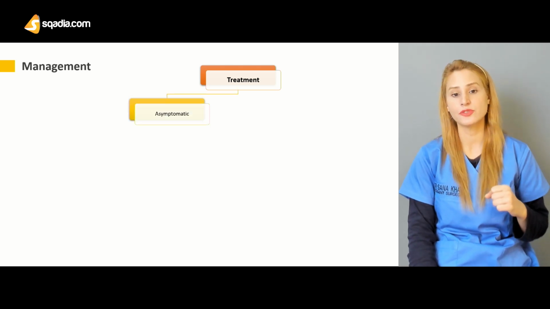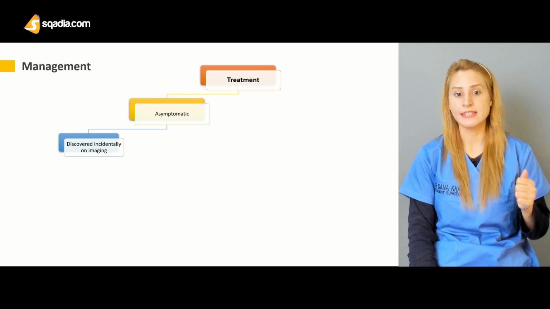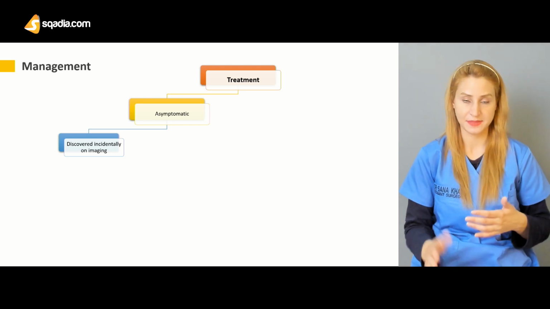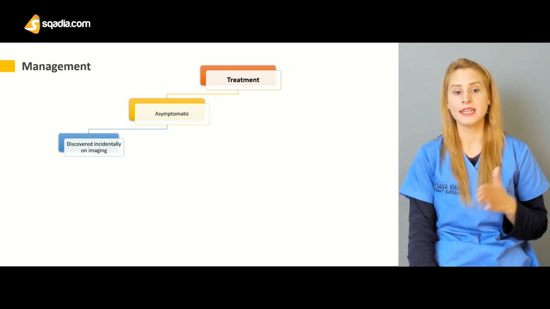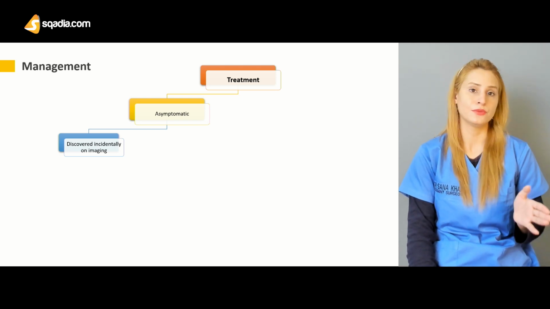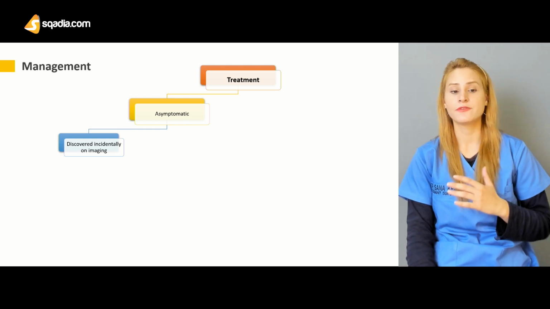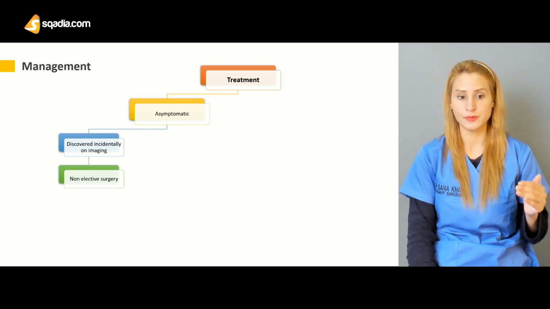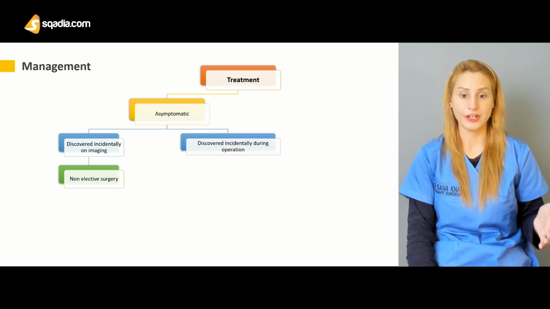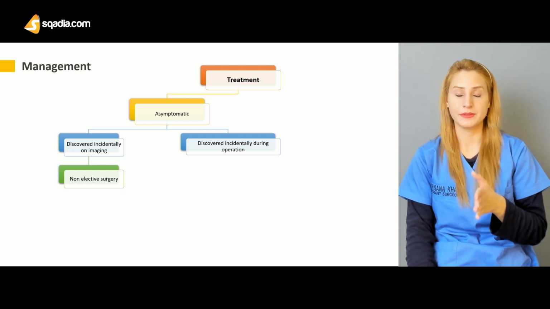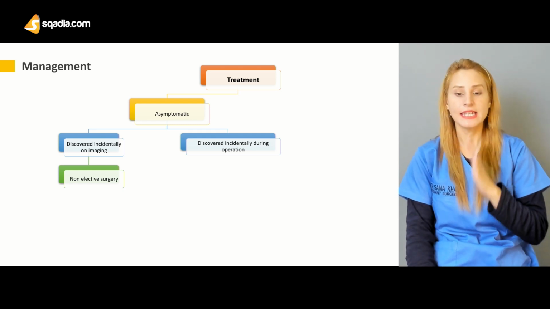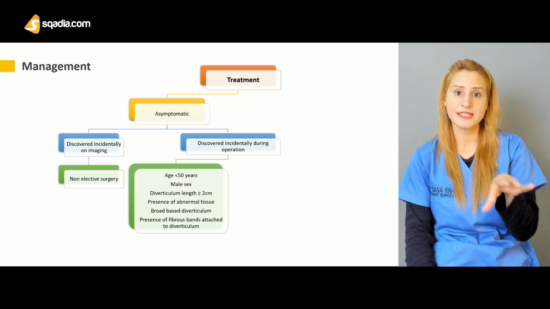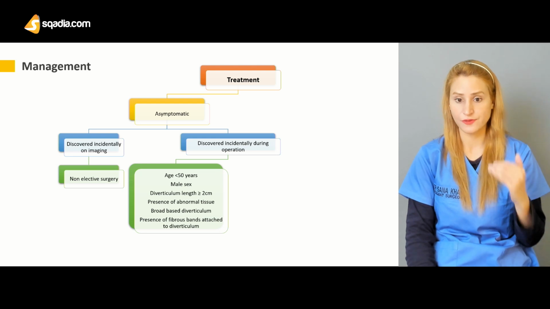Now, talking about the treatment, you have to see if the patient is symptomatic or asymptomatic. If the patient is asymptomatic and you were doing imaging for some other cause and it is discovered incidentally on imaging, then there is no need for elective surgery. But if the patient is asymptomatic and it's discovered incidentally during an operation, there are some criteria which need to be followed for resection.